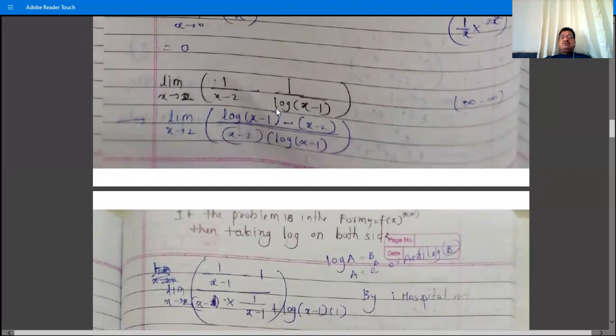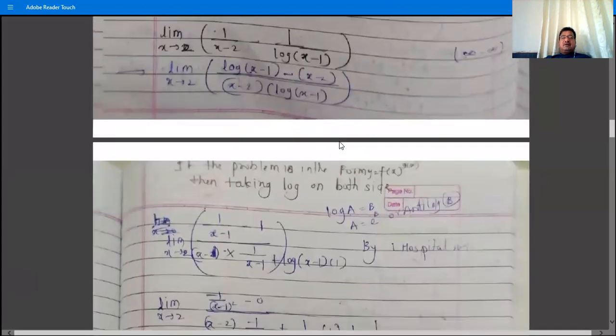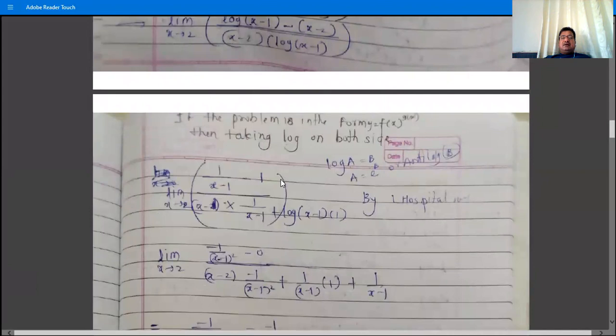So take x minus 2 into log x minus 1 as LCM. So we have log x minus 1 minus, in bracket, x minus 2. Write the simplification, that is minus x plus 2, and then apply the L'Hospital rule.